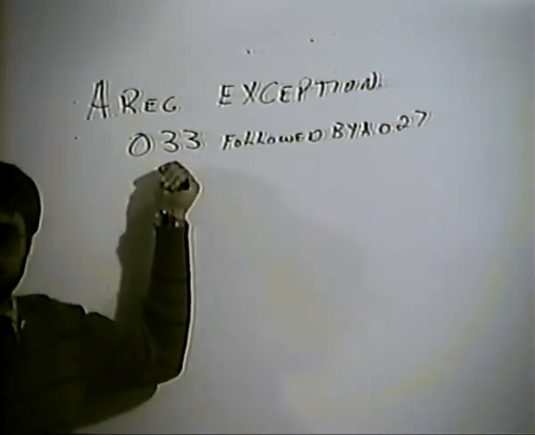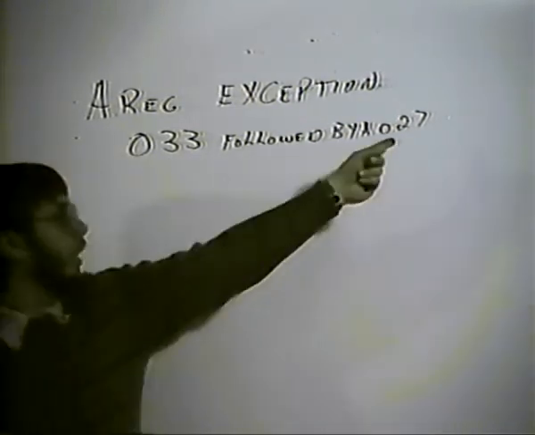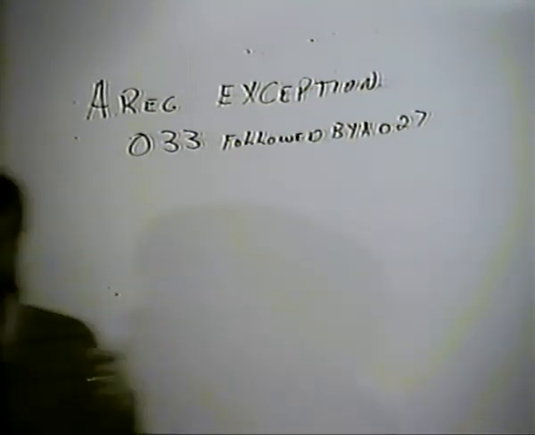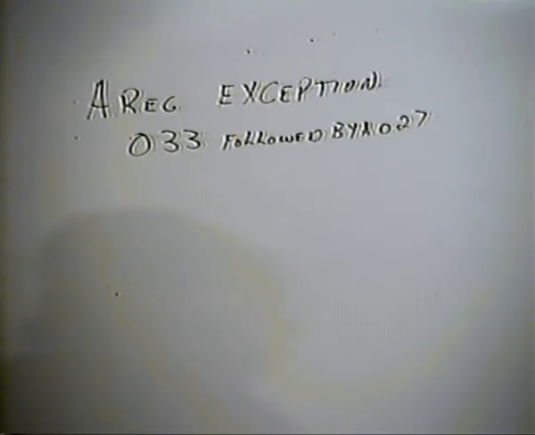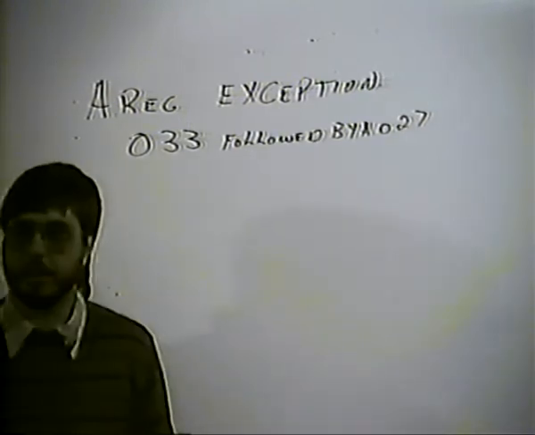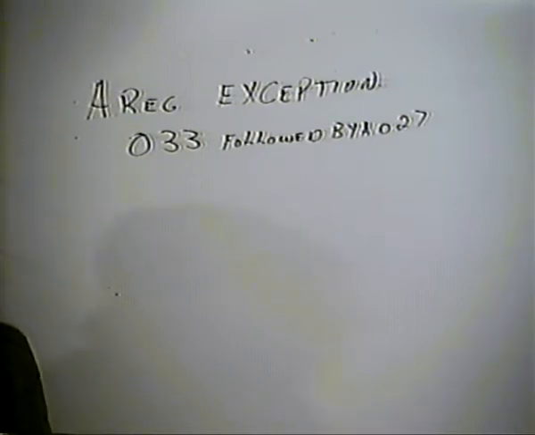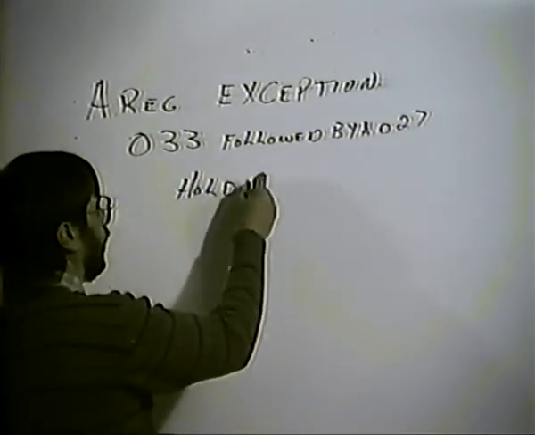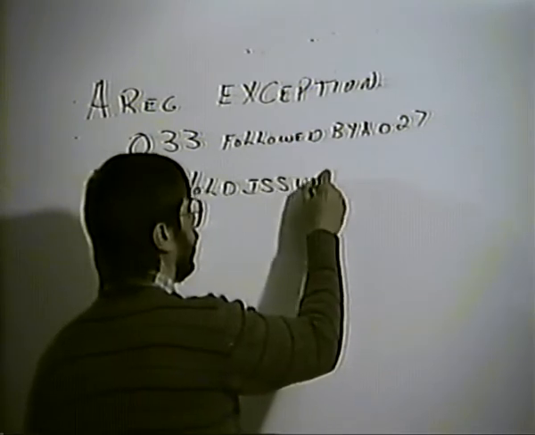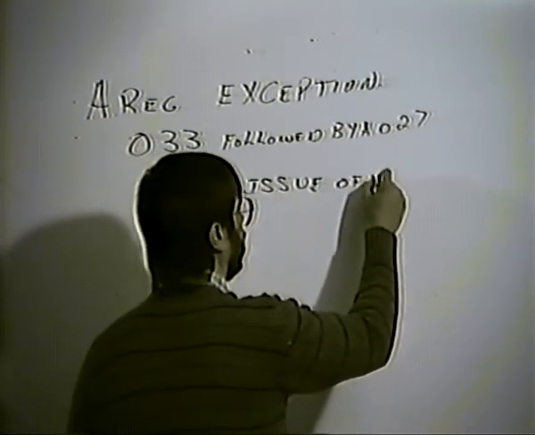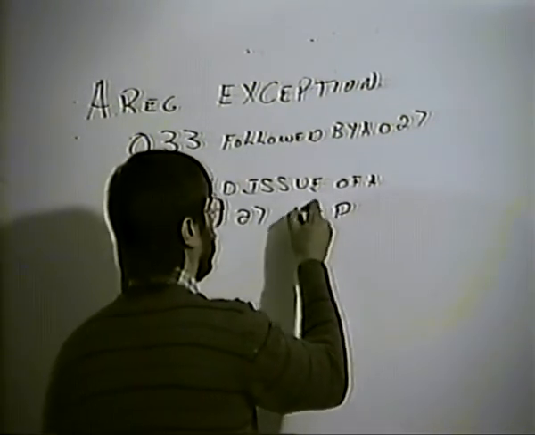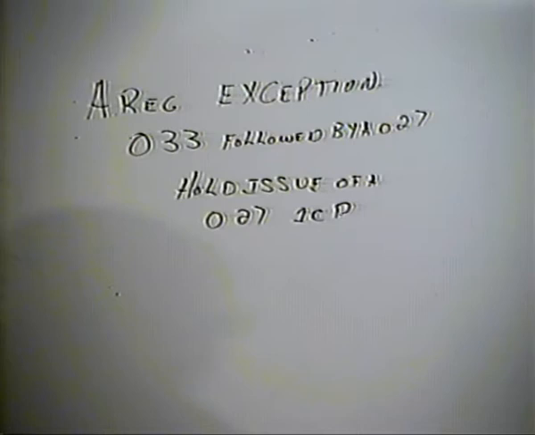And the O33 is 1 clock period longer than the O27. So if you did an O33 and then an O27, you'd have both data words coming back at the same time. And they would OR together unless we solve the problem. And the way the control is going to solve this problem for you, they'll hold the issue of the O27 for 1 clock period.